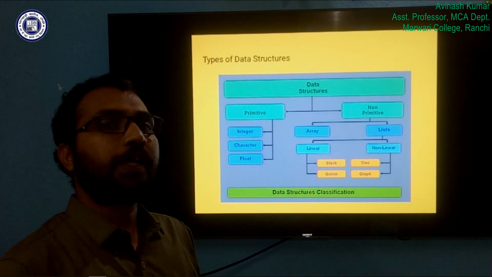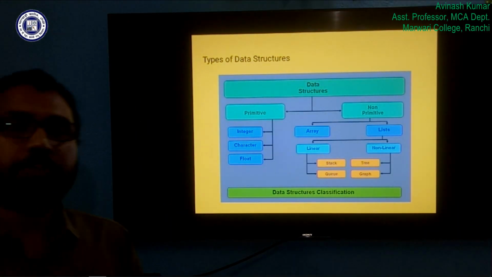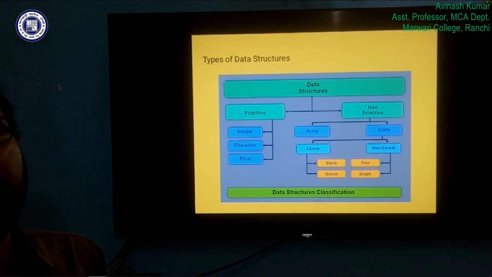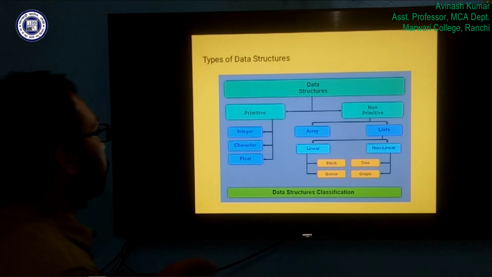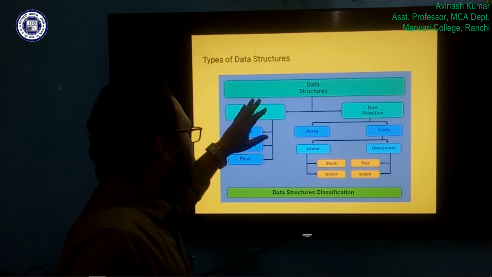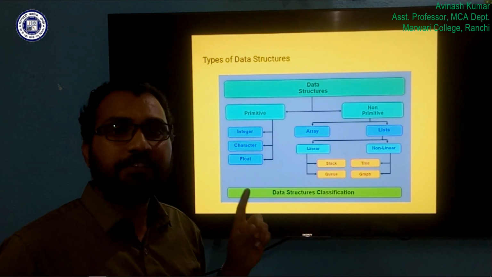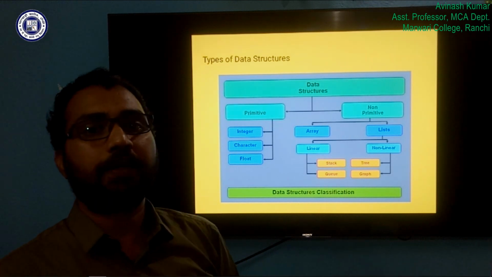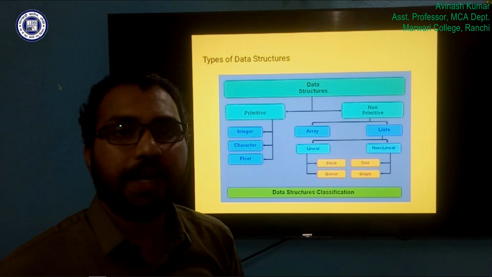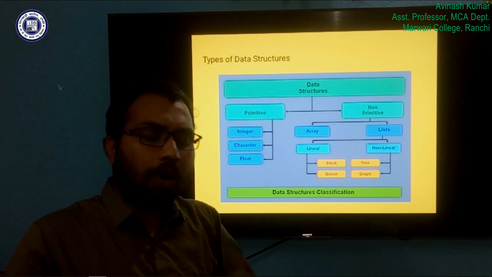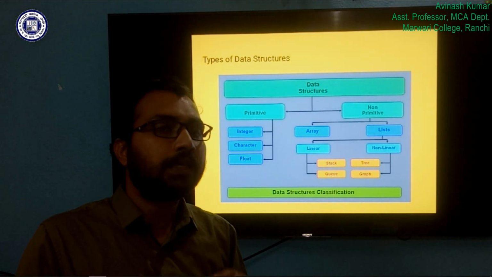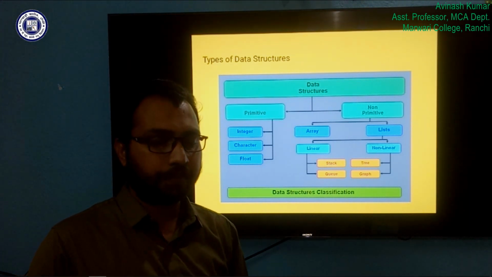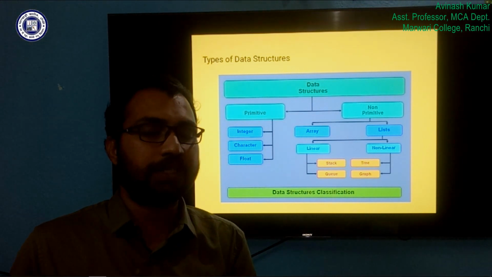Now here we come to the slide which gives us a brief description of the different types of data structures. So what are those? During the first categorization, we have the major parts, which are the primitive and the non-primitive types of data structures. This primitive and non-primitive classification is almost similar to the various data types that we study in different programming languages, like C, C++, Java, C#, and many more.